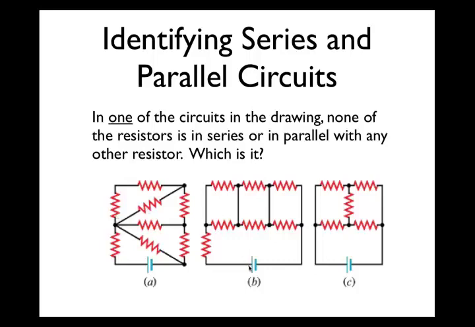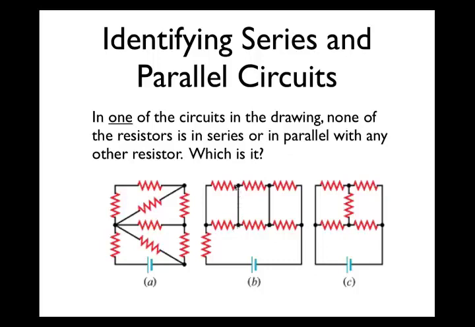If I look in B, I won't have that. I don't have anything in series with anything else, but because the current passes through here and then splits at this point, if I were to take my voltage probe and measure the voltage drop across this resistor right here and this resistor right here, I would find that they would match each other because each end of that network, if I go from this end of this resistor, I can connect over here to this one, same thing over here.